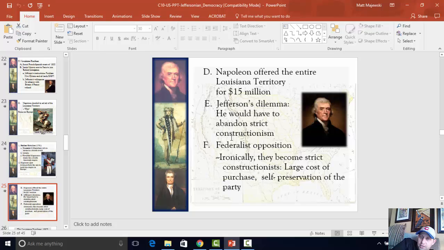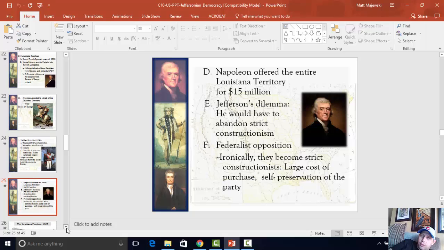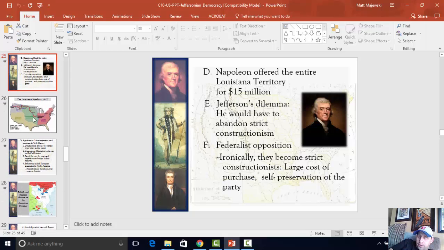They didn't like the cost of it, but more importantly, they were worried that all of this land would be settled and turned into states out west. Those would probably be farming states. And what that meant was they worried that their political power was going to be reduced even further. So they basically, again, opposed the Louisiana Purchase for political reasons, not really for any sort of real reason.